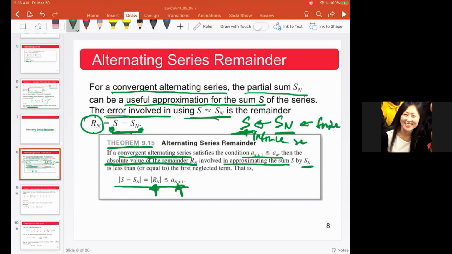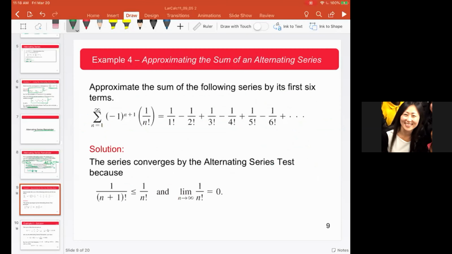Okay, let's look at the example. When you look at the example, that makes sense. So I have this series. That's my infinite series.